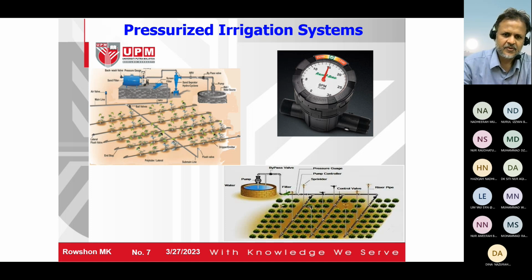We need to create some pressure, meaning water will flow under pressure or with some energy. Pressure in this case means energy level. Water in a pond doesn't move; it is very calm, what we call standing or ponding. It doesn't move because the level in the pond is like this at the different depths.